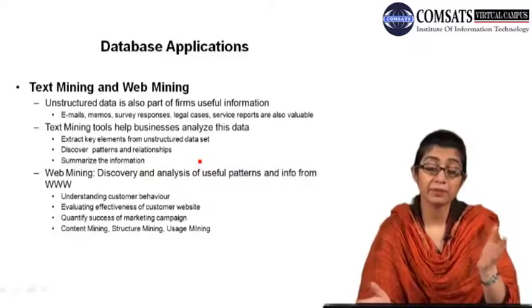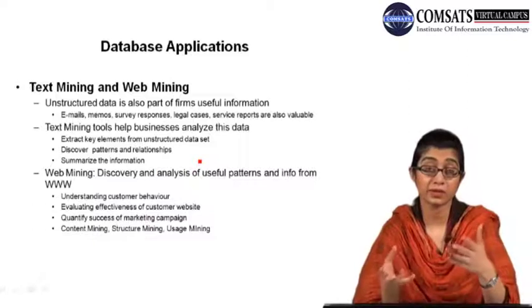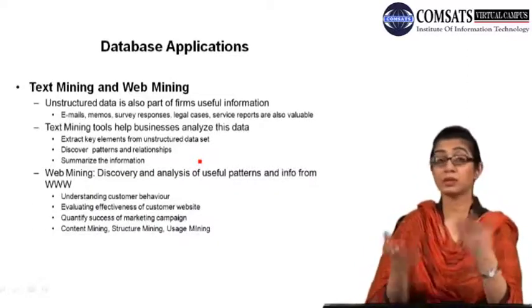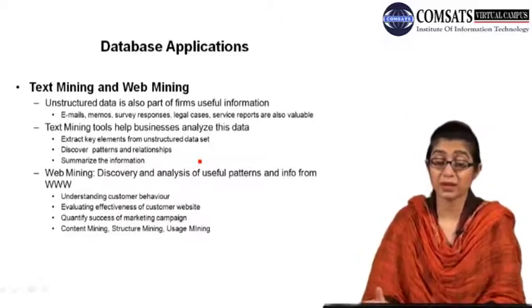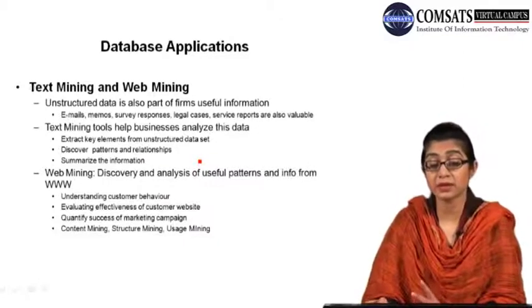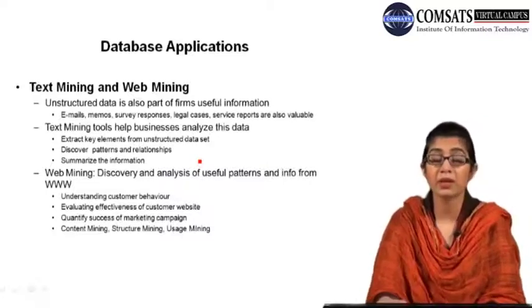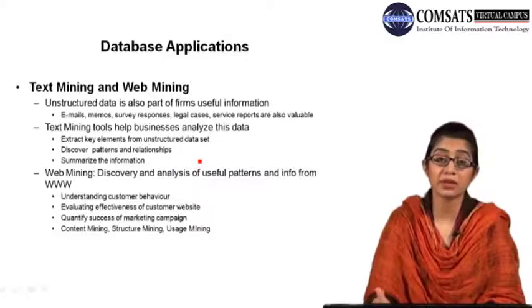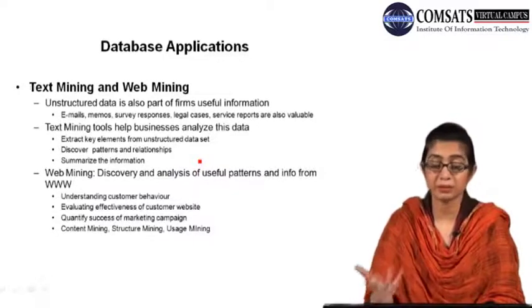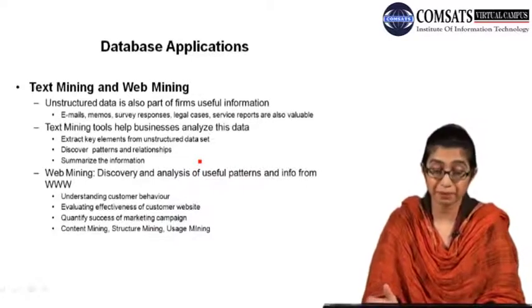Similarly, web mining, while text mining was basically looking at the different kinds of text that goes in and out of the organization, web mining basically is the discovery and analysis of useful patterns and information from the World Wide Web. For example, if you have a website और website के ऊपर जो different kinds of activity हो रही है उसको देखते हुए you are developing certain kinds of patterns and relationships for analysis.